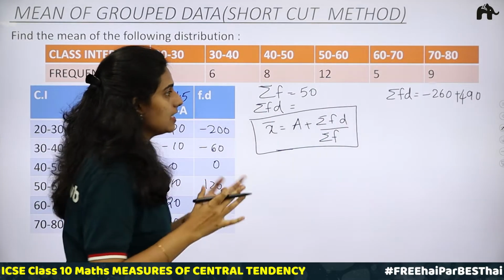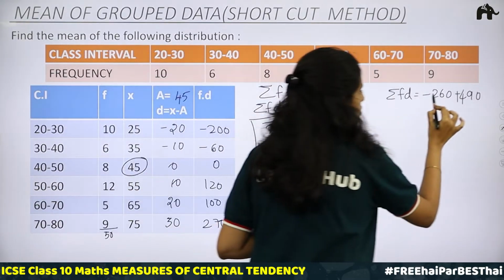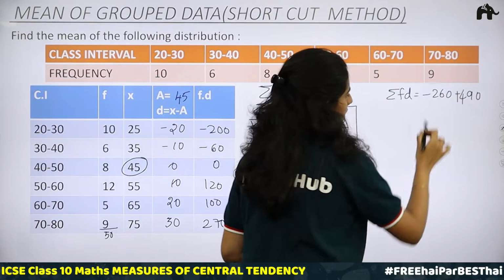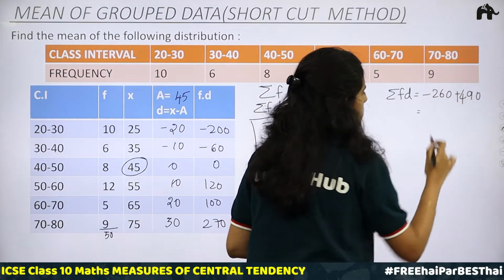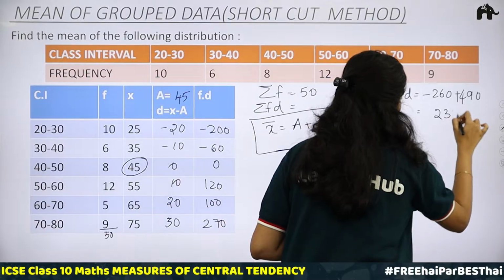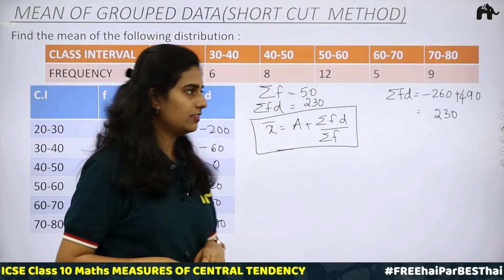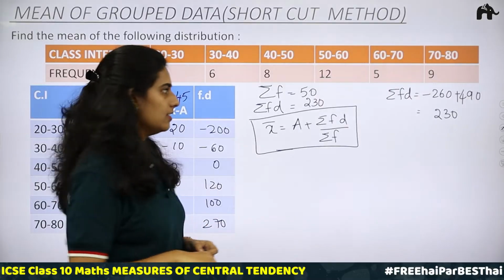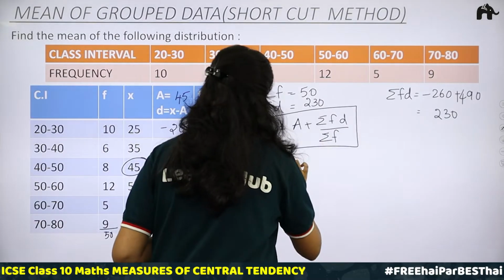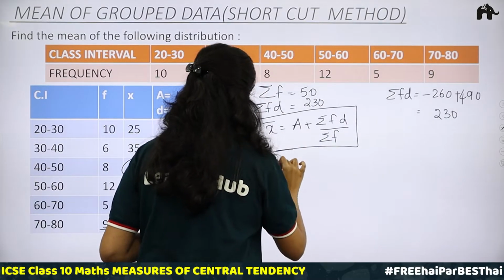We have to find sigma fd, that is minus 260 plus 490. 490 minus 260 is 230. Sigma fd is equal to 230.